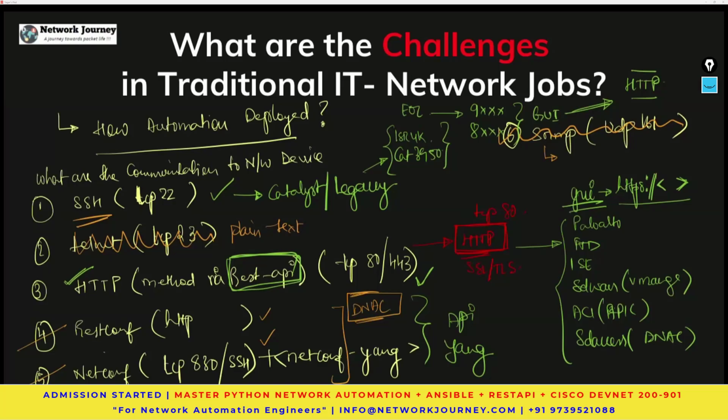And sir, in Palo Alto, we have virtual machines also, like for firewalls. So in the early stages, when Palo Alto was used, HTTP was there on top of that. Do you mean virtual machine deployment? Like in Palo Alto, we deploy firewalls as a virtual machine. Correct.